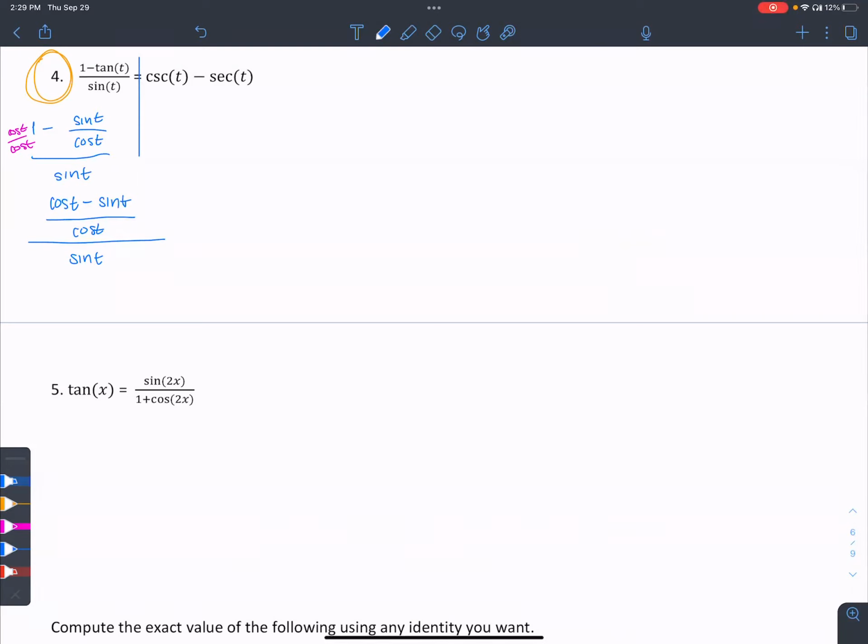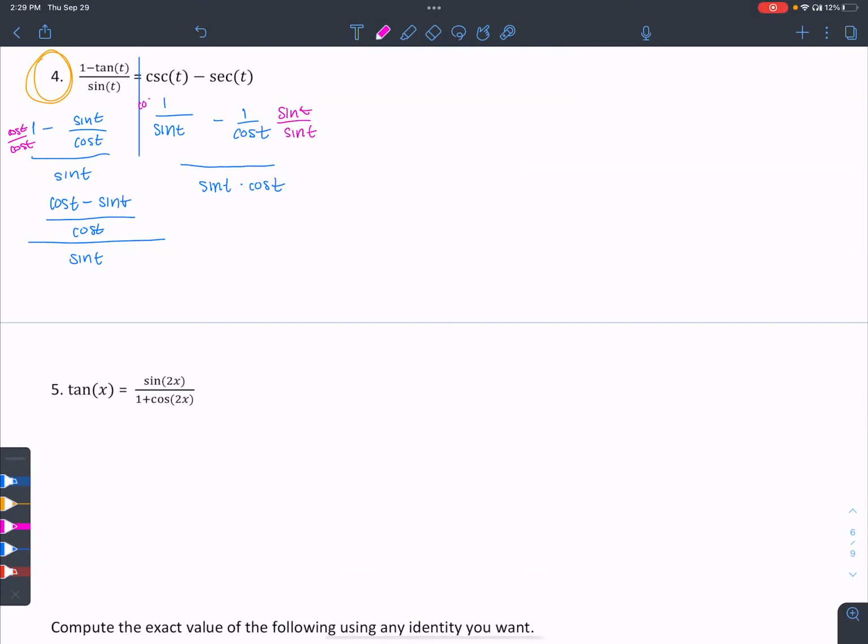Okay. If I move over here, I have 1 over sine t minus 1 over cosine t. I'm going to go for combining those right now. So getting a common denominator, that would be sine t times cosine t. On this side, I need a sine t over sine t.